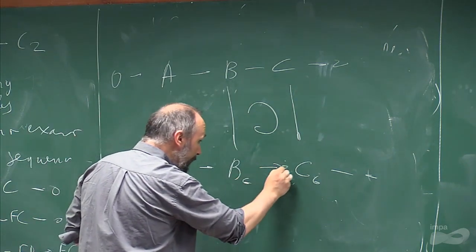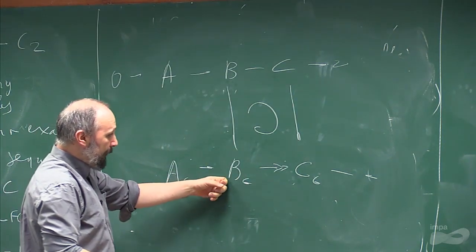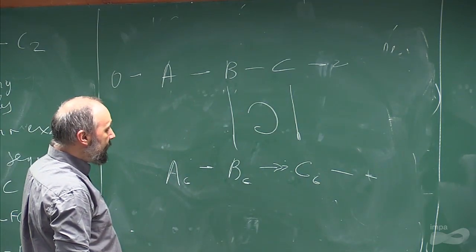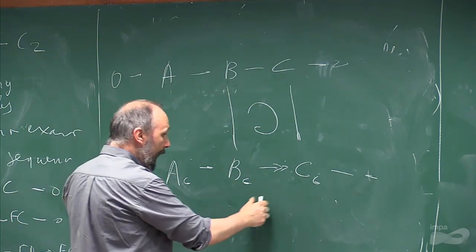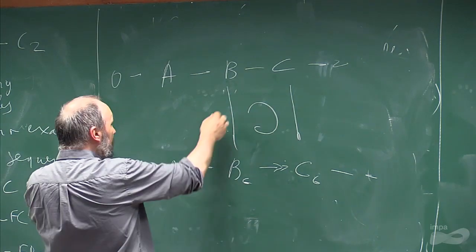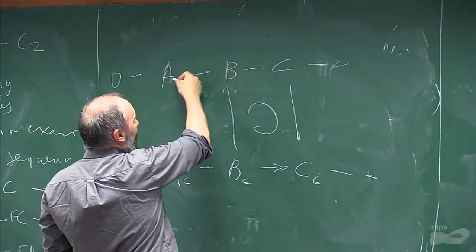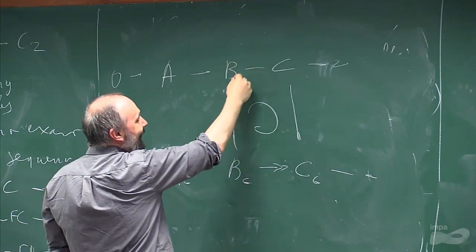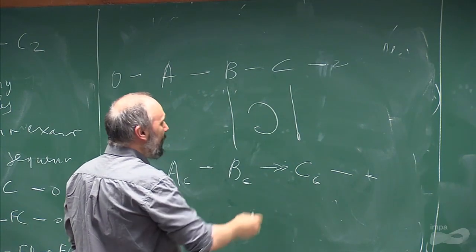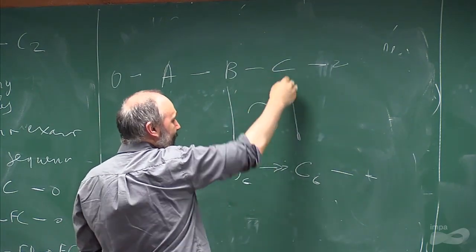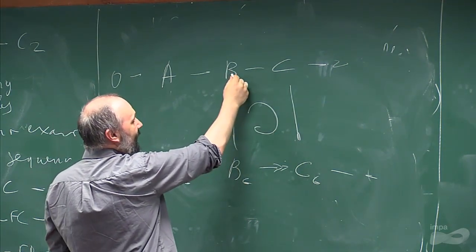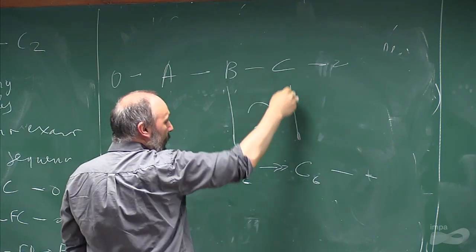So this is surjective. Now, if something goes to 0 under this map, it is mapped to the kernel of this map.